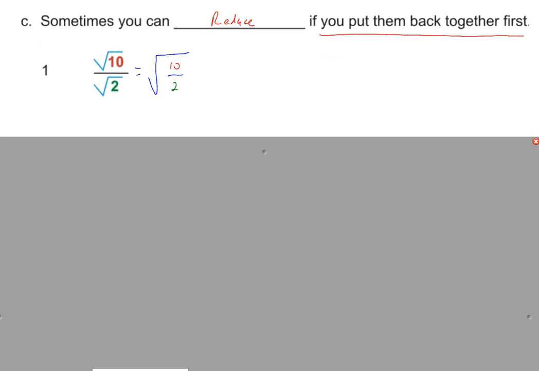Only if it's to your advantage. Is it to our advantage to have a 10 divided by 2? Don't we all know what 10 divided by 2 is? 10 divided by 2 is 5. So now what do I end up with? Square root of 5. Isn't that a better answer than the square root of 10 over the square root of 2?